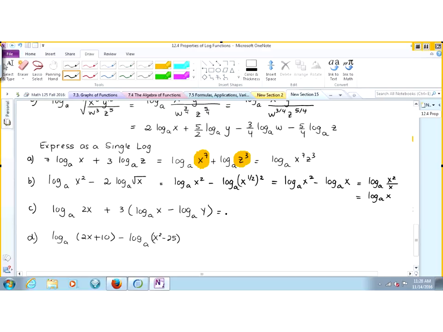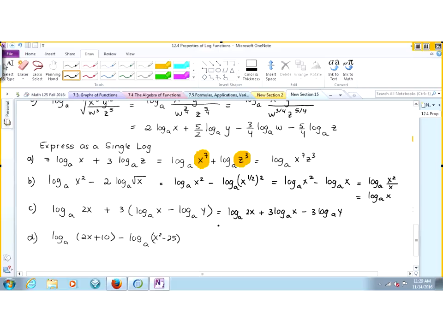All right. Now, C. What about C? You don't know this one? Well, we distribute this, don't we? Yeah. Okay, then we know after that. So log base A of 2x, and then 3 log base A of x, minus log base A of y.